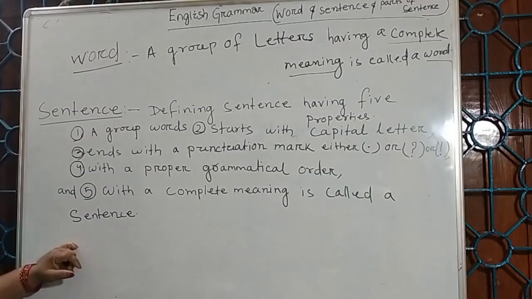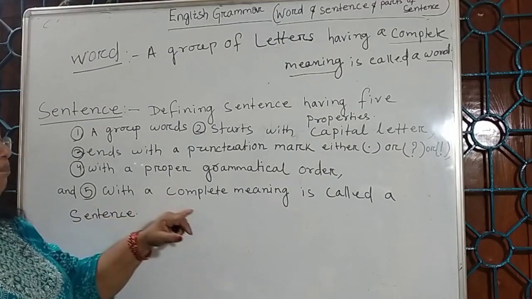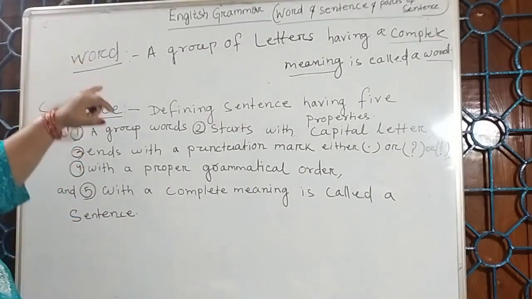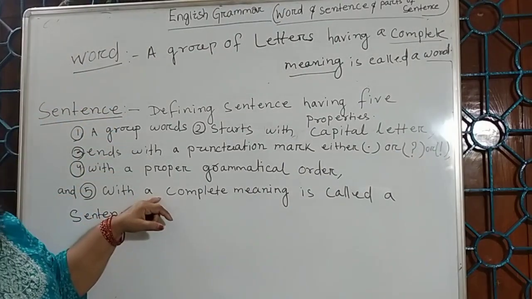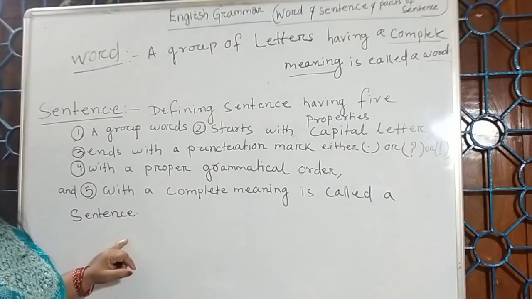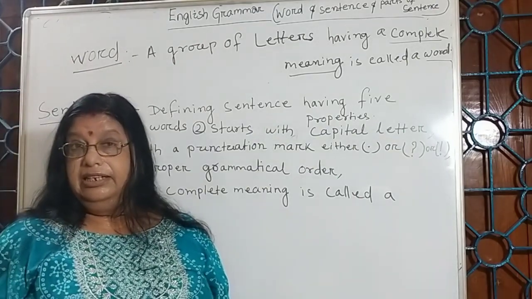So, fifth property of a sentence is with a complete meaning. All the four properties will be there. Last property is to have a complete sense.